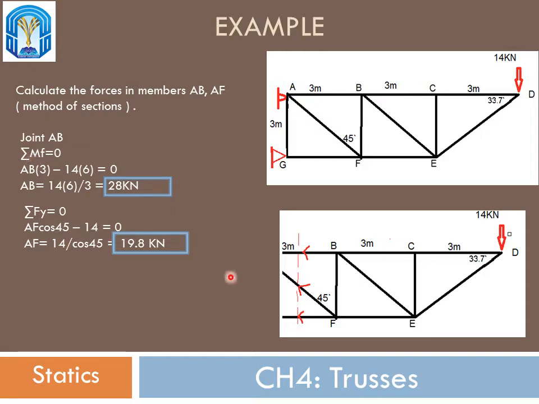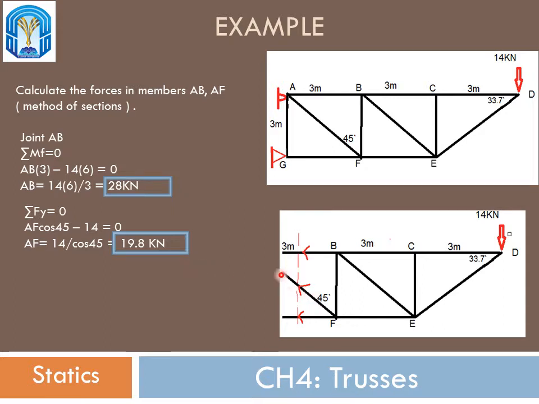Summation of moment about F equals 0: AB multiplied by 3, which is the distance between point F and member AB, minus 14 multiplied by 6, since 3 and 3 is 6, equals 0, and AB equals 14 multiplied by 6 over 3, equal to 28 kilonewton. And here we found the force AB.